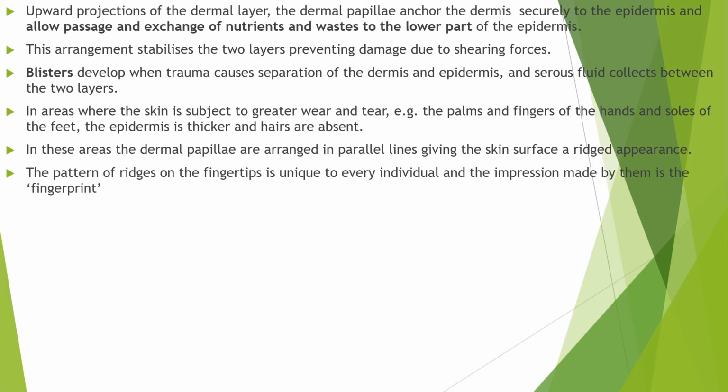Remember that there is waste that comes off the skin. For you to see the sweat on the body, it uses these passages. It acts as a passage between the epidermis, which is the superficial layer, and the dermis, which is the underneath layer. So this arrangement stabilizes the two layers, preventing damage from shear forces.